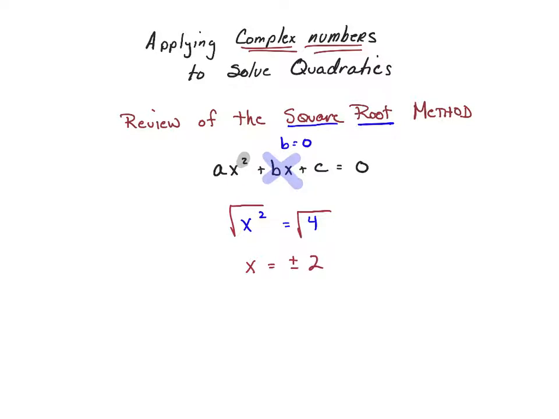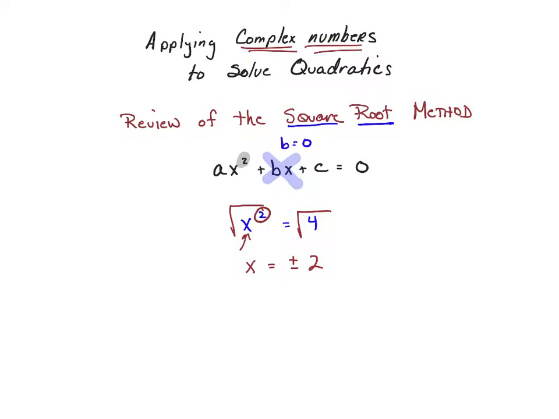What that tells us is that 2 squared would make this equation true. 2 times 2 is 4. And negative 2, if I squared that, negative 2 times negative 2 gives me 4 also. So this equation has two solutions, which we always expect when we're solving quadratic equations. The exponent will tell us how many solutions we get.